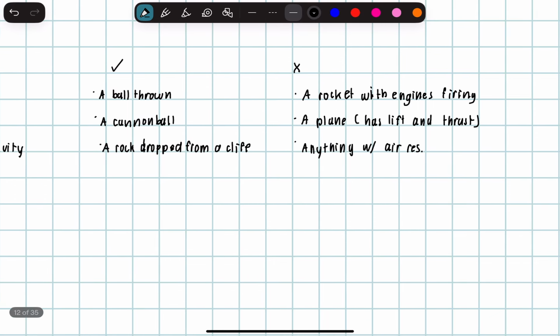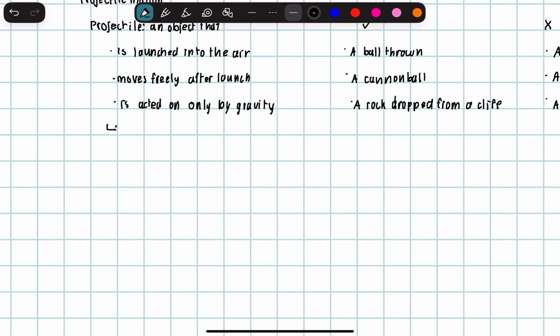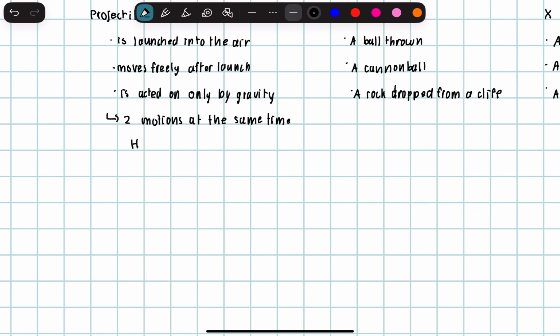So, the key idea of projectile motion is that it is two motions at the same time. What does this mean? It means that you have horizontal motion in the x direction, and you have vertical motion in the y direction.